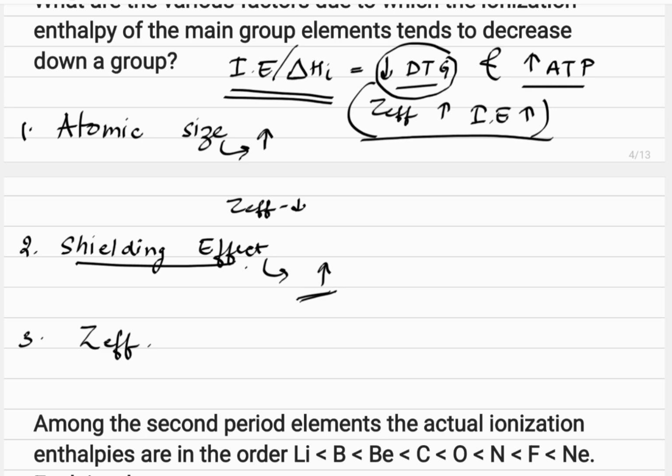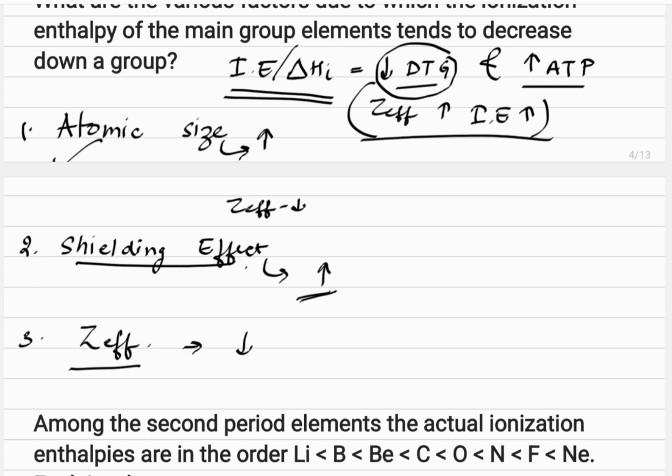When shielding effect increases, Z effective would decrease. That means the outermost electron would now feel very less nuclear pull, so it's going to be very easy to remove it.